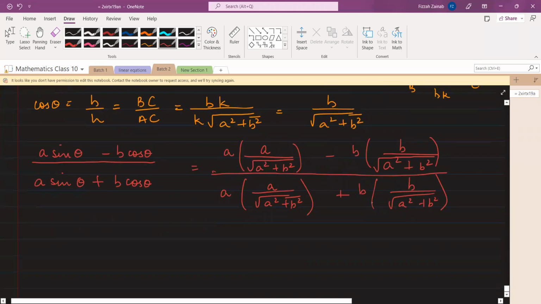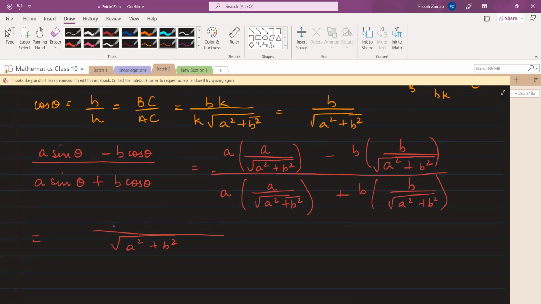Okay. So this is simply, now if I directly take LCM in the numerator, so this is square root of A square plus B square, and both denominators are same, so it is simply A square minus B square, right?